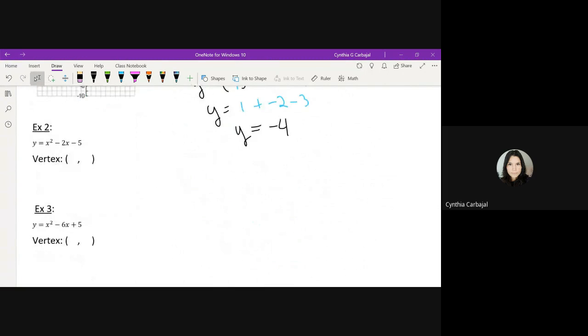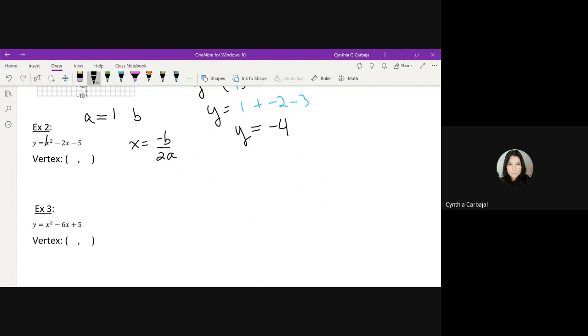All right, so next one, let's do it again. So first thing we want to do is find the x value of the vertex, or the axis of symmetry, which is -b divided by 2a. So our a here, there's nothing in front of the x squared, so that's our a. So a is 1.